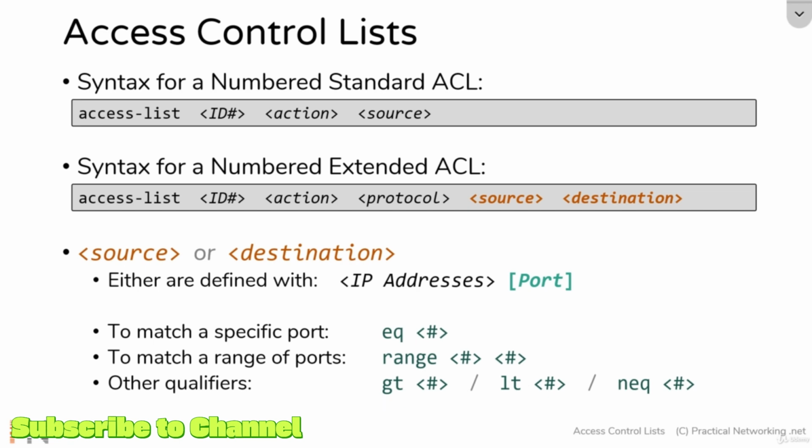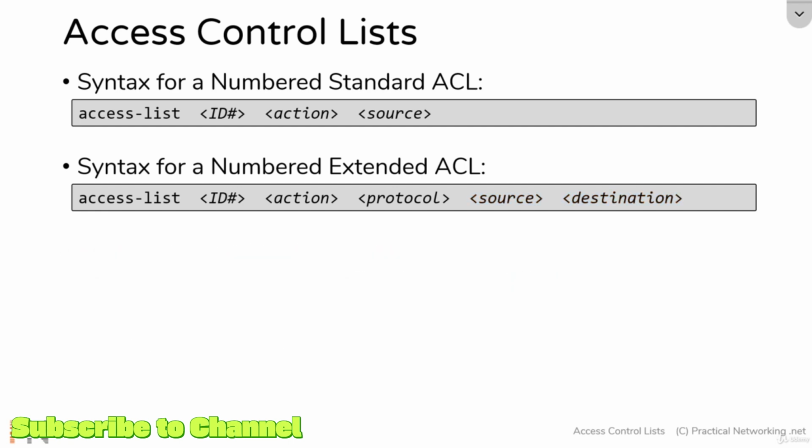You can specify that the port must be less than a certain port number, or even not equal to a certain port number. So all those are options you have to specify this section of the source or destination of an extended access list. Now note that we're using brackets in the syntax over here. That means that the port section is optional. So if you omit the port, if you don't put anything in here, you're matching on all ports.